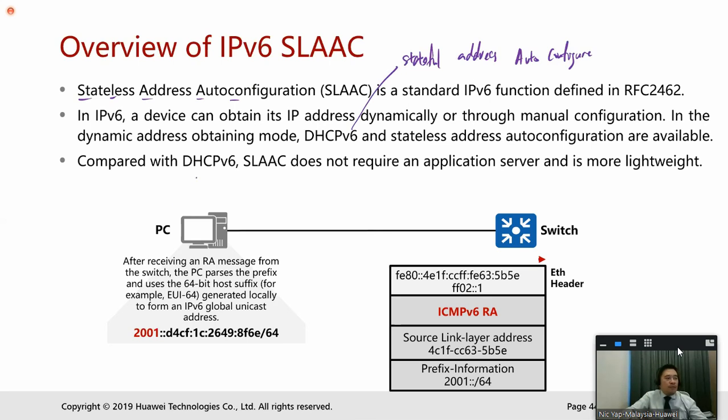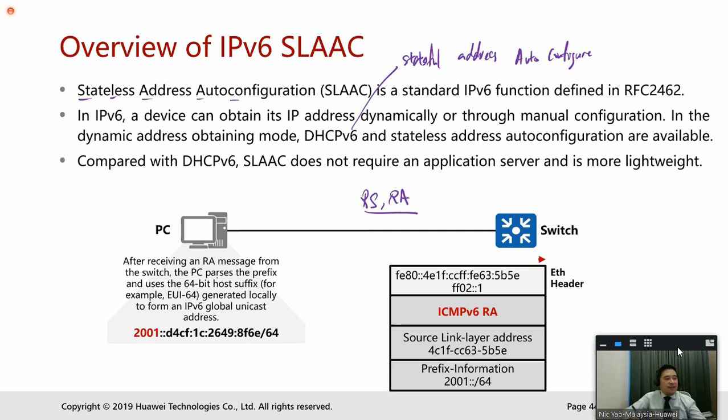So compared with DHCPv6, SLAAC does not require an application server and is more lightweight than DHCPv6, because they just need to send the RS and RA.